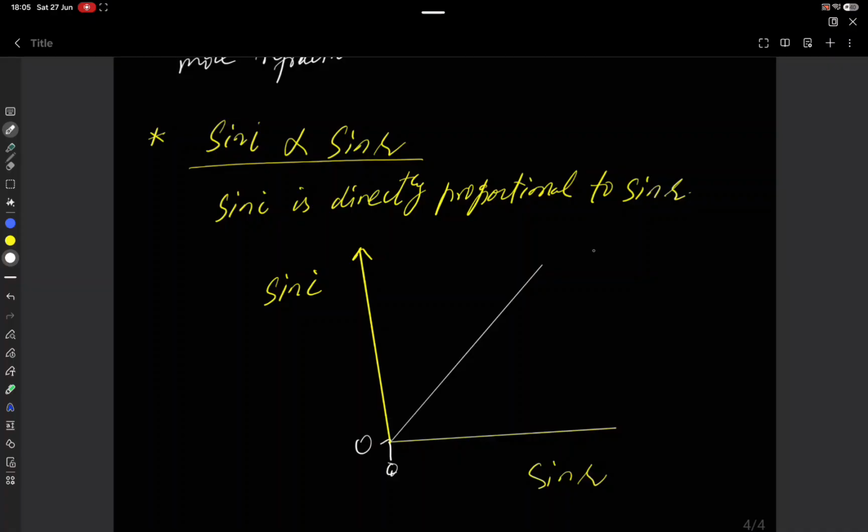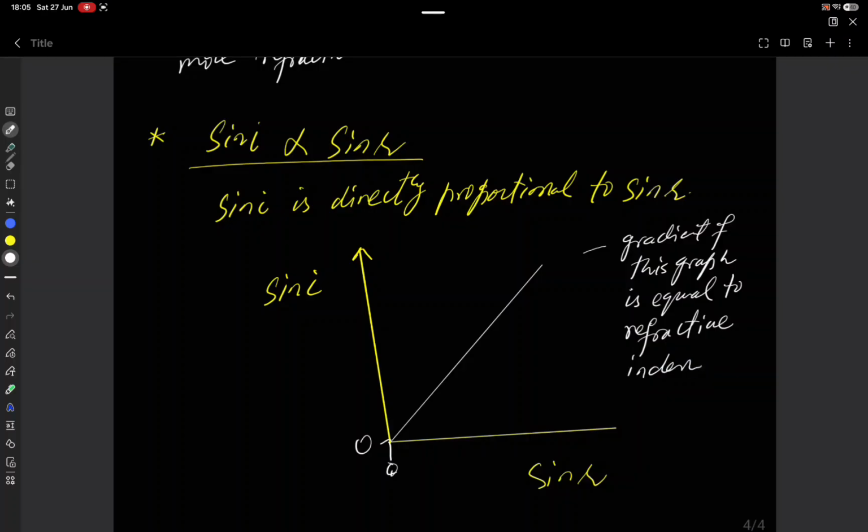The gradient of this graph is equal to the refractive index.